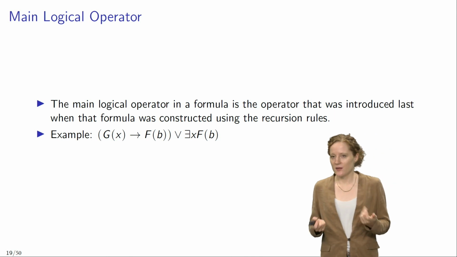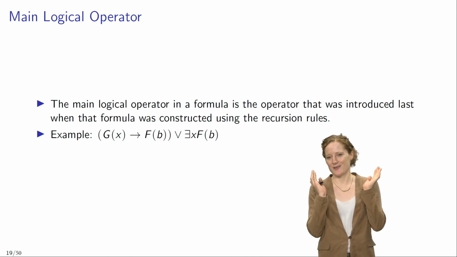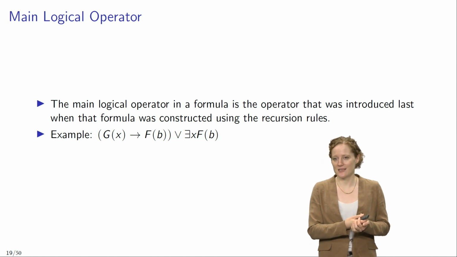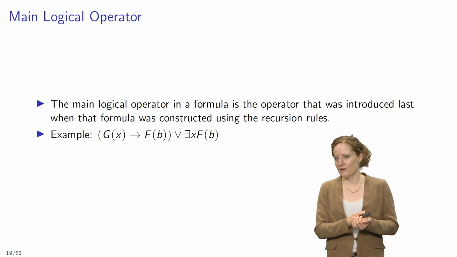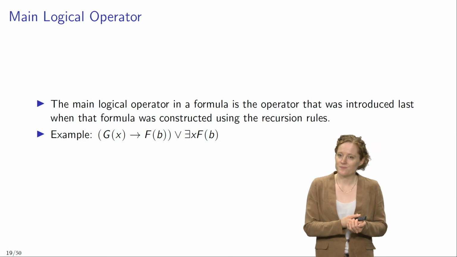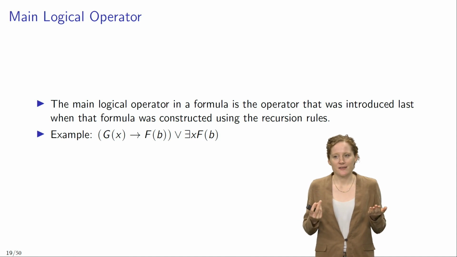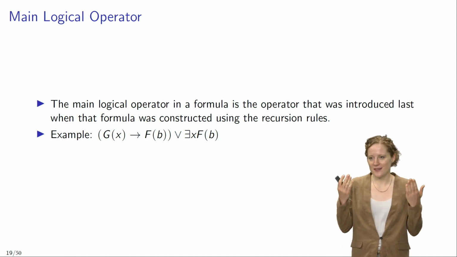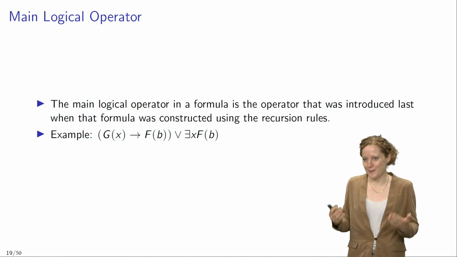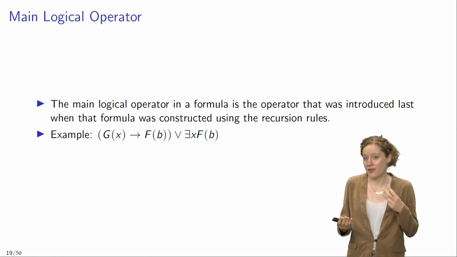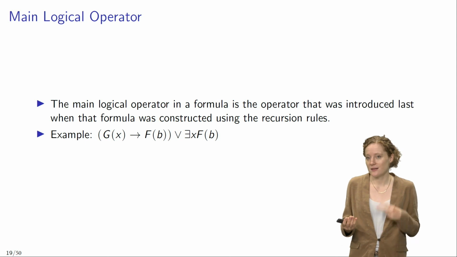So for example, if you look at this formula here, either if Gx then Fb, or there is an x Fb, the main logical operator here is the disjunction sign. And why is that? Well, if you think of this formula as constructed in a stepwise process, the stepwise process would start with two atomic formulas, Gx and Fb.